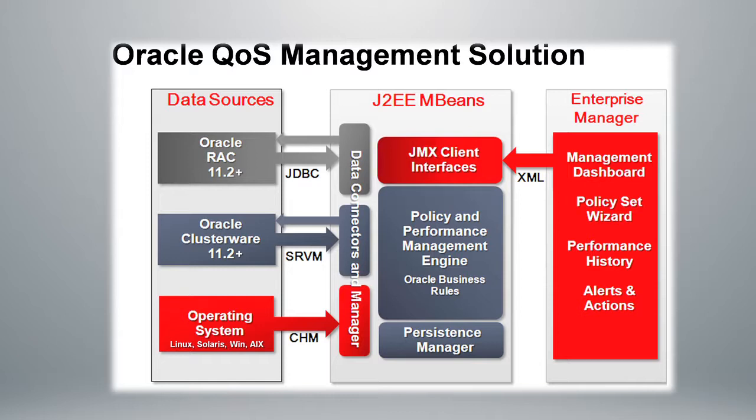And finally, when you get right down to it, the OS is the governing body here. And so it was important to get metrics out of the OS layer to figure out what actually is happening on the hardware.